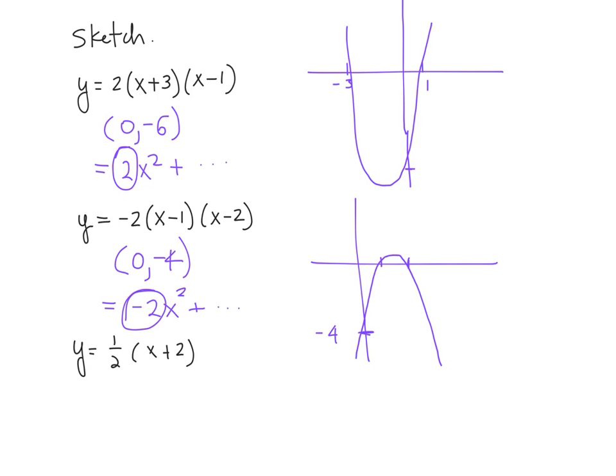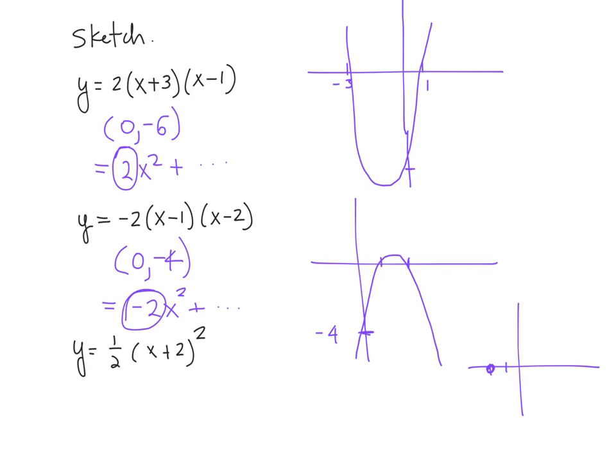Lastly, we have y is equal to half of x plus 2. I'm missing a square in here. Alright, so we have the function y is equal to half of x plus 2 squared. Again, we're going to have the zero at negative 2. And since this is the second case that we looked at previously, it's going to be touching the x-axis at negative 2.